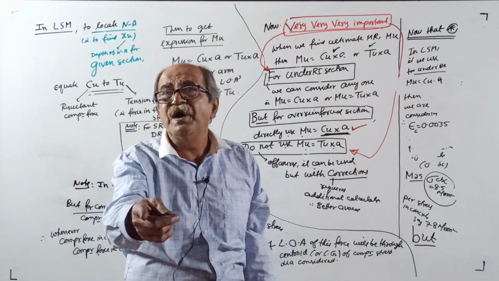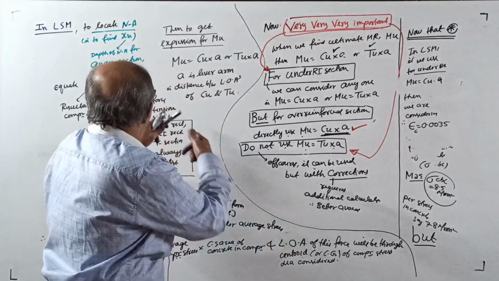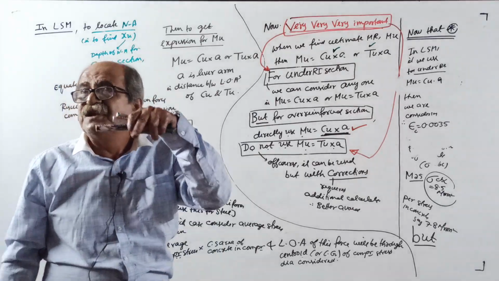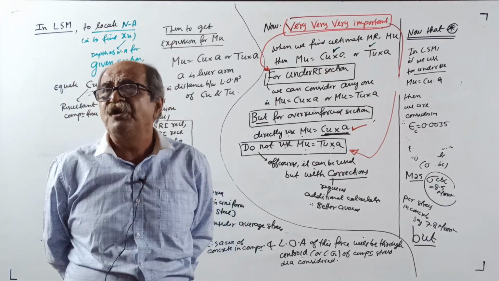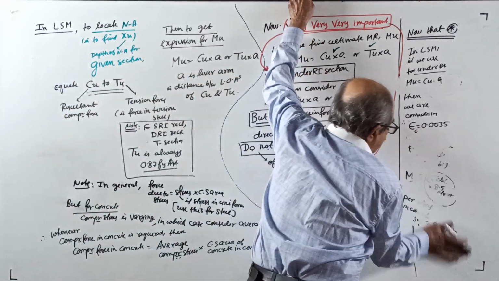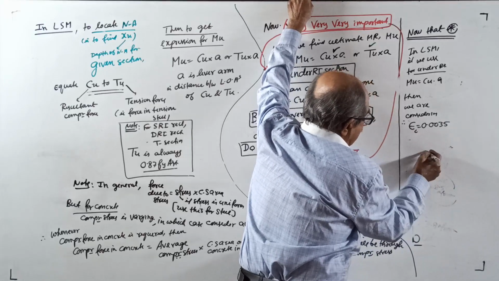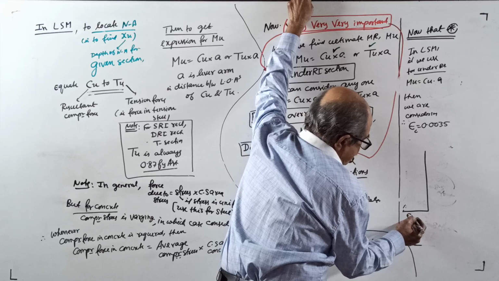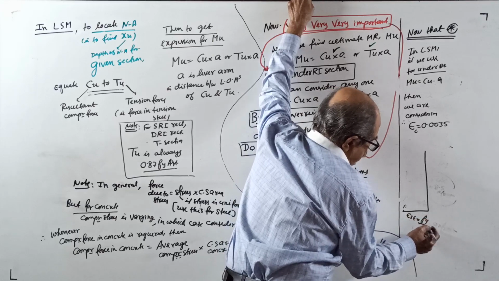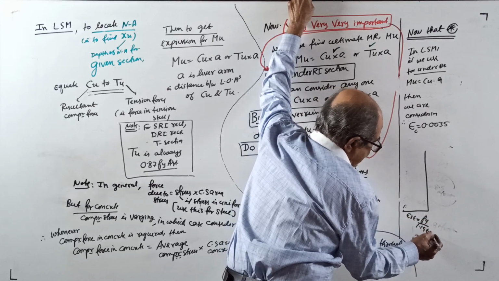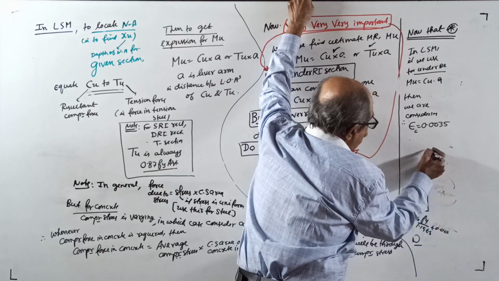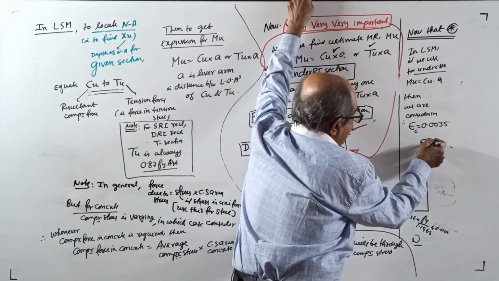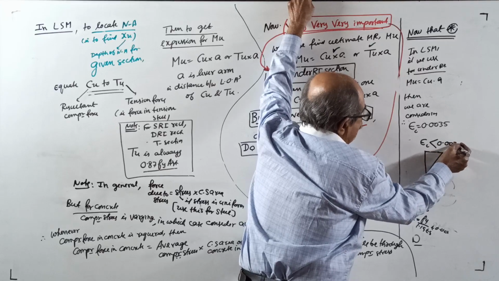But just now I wrote, a little earlier, that if it is an under reinforced section, strain in steel will reach Fy by 1.15 Es. Strain in steel, epsilon St equal to Fy by 1.15 Es plus 0.002, whereas at that time strain in concrete will be less than 0.0035.